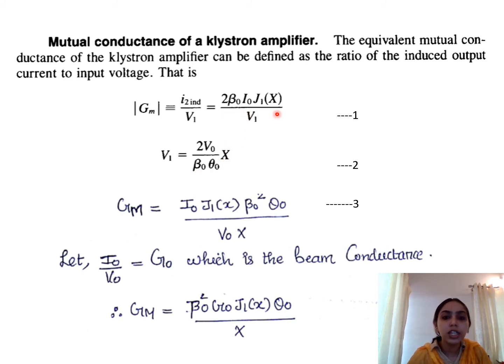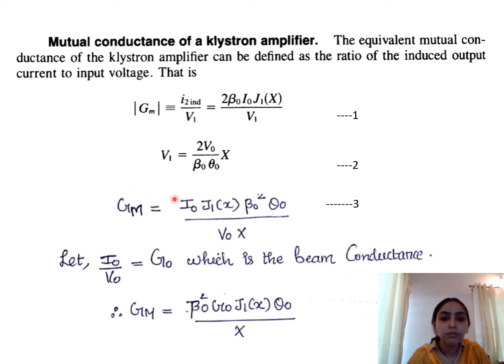The denominator voltage V1, I am going to represent in terms of the bunching parameter X. When I substitute the second equation into the first equation, I get the third equation for the transconductance Gm in terms of the bunching parameter X, the mutual conductance of a klystron amplifier.